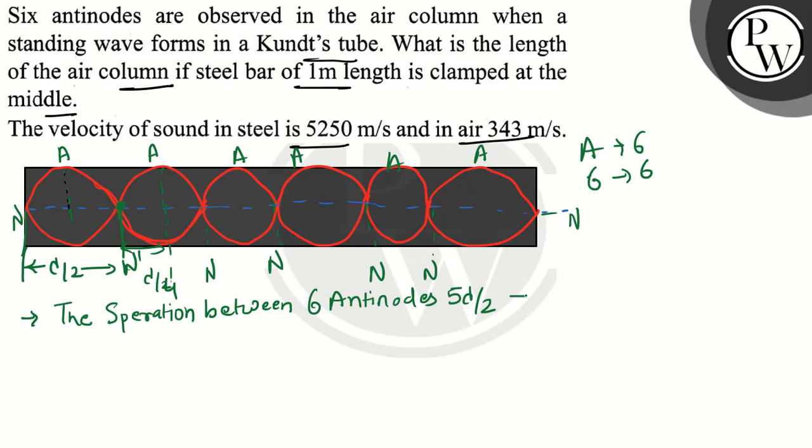So the length is one node-to-antinode distance, lambda by 4, plus 5 lambda by 2, plus lambda by 4, and that is equal to 3 lambda. Okay, so I am just calculating the total length.